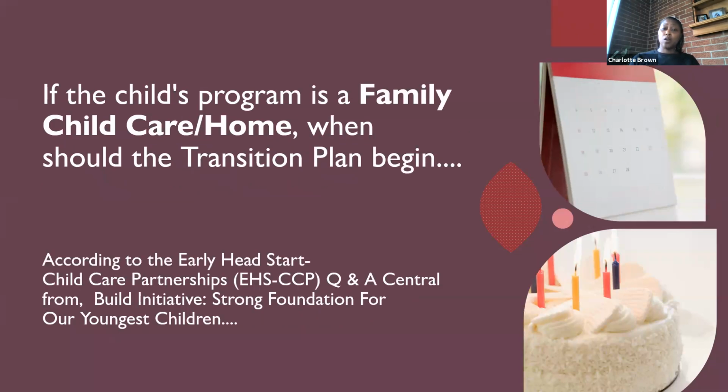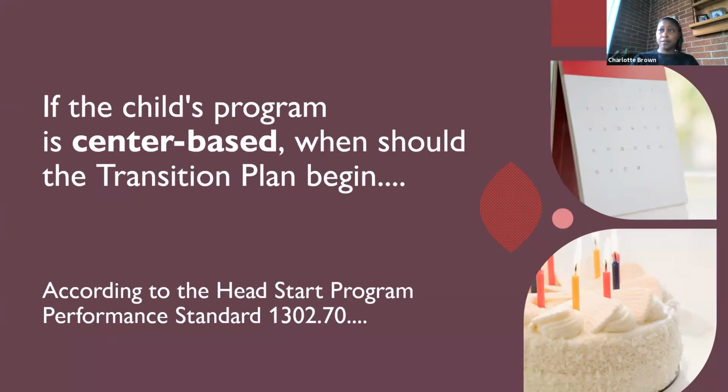According to the Head Start performance standards, to ensure the most appropriate placement and services following participation in the Early Head Start program, the transition process should start at least 6 months prior to the child's 3rd birthday. That's 2.6 years old for the child.